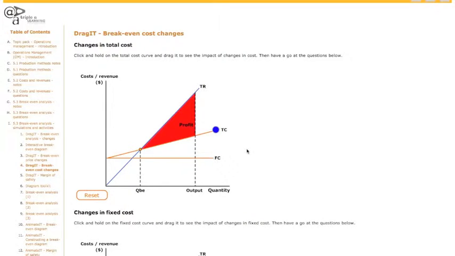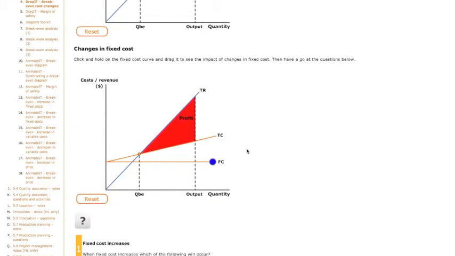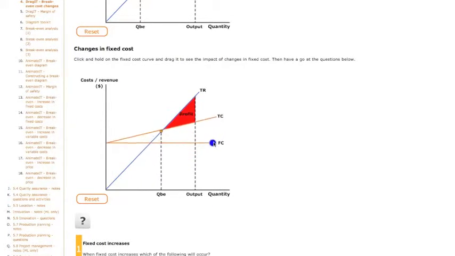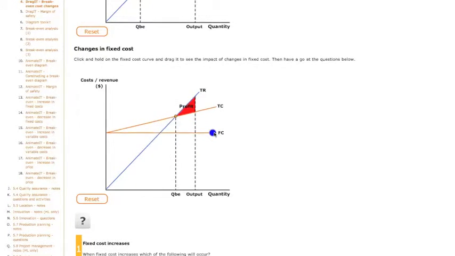This is looking at the changes in the fixed costs now. So again, fixed costs are part of total costs. And so as fixed costs rise, the total costs will also increase, as we see here. And as fixed costs increase, profit will be much smaller compared to the loss.